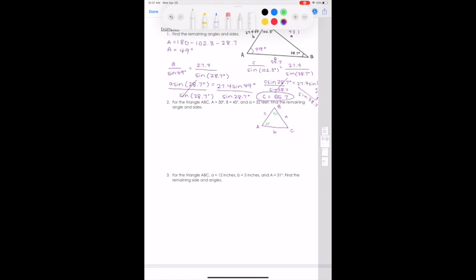So for number 2, I went ahead and drew this triangle for you. It doesn't really matter what way you set it up. Like, it could go A on the top, and then B on the right corner, and C on the left. It doesn't matter as long as your angle and the appropriate side length are opposite each other.